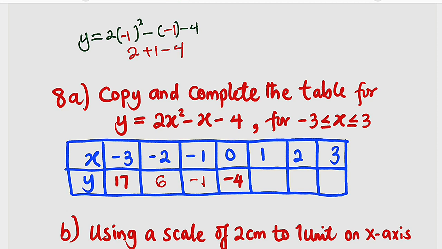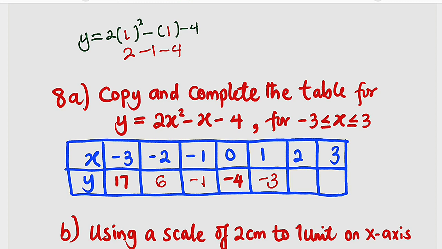When x is 0, already y is -4. Then we move on to where x equal to 1. We have 1 squared is 1, and 1 times 2 is 2. Then -1, -4. 2 minus 1 is 1, and 1 minus 4 is -3. So this is going to give us -3.